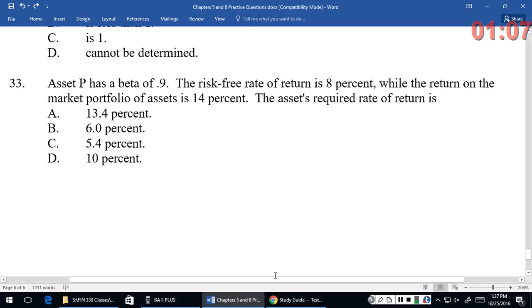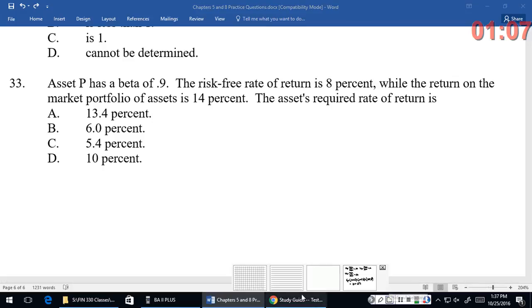So we've got our information. We can enter it into our capital asset pricing model, which is the expected return of an asset is equal to the risk-free rate plus the beta of that stock multiplied by the risk-free rate minus the return of the market.